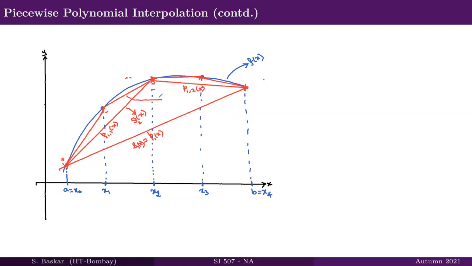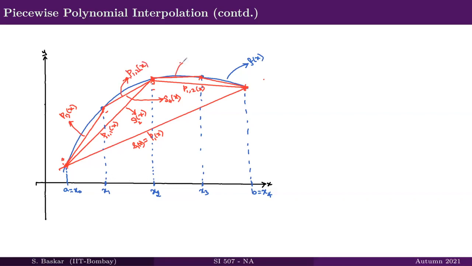The graph of this S4 is given like this, and it consists of 4 pieces. One is P1^1(x), which is in the interval x0 to x1. The next one is P1^2(x), which is in the interval x1 to x2.